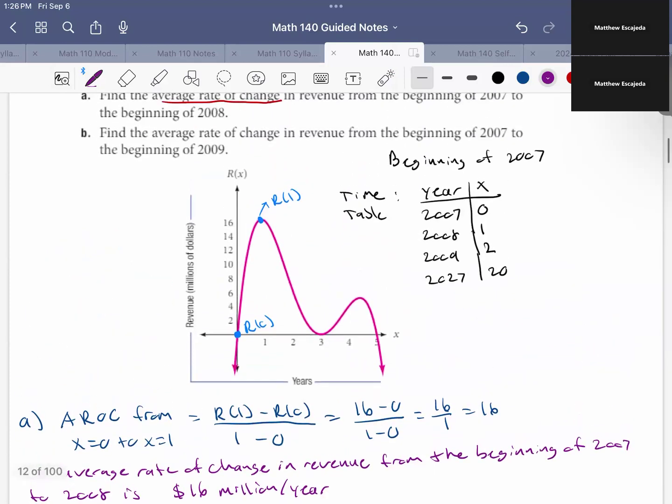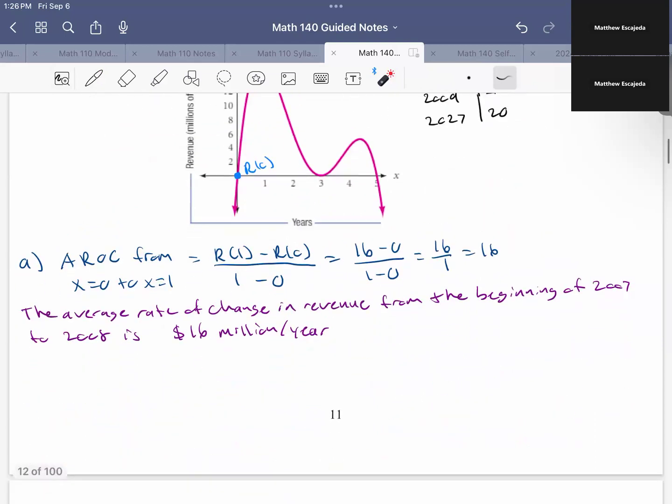And so part B, likewise, average rate of change from 2007 to 2009. Same thing, we have our setup here. Average rate of change from x equals 0, since 2007 is x equals 0, to 2009, which is x equals 2.